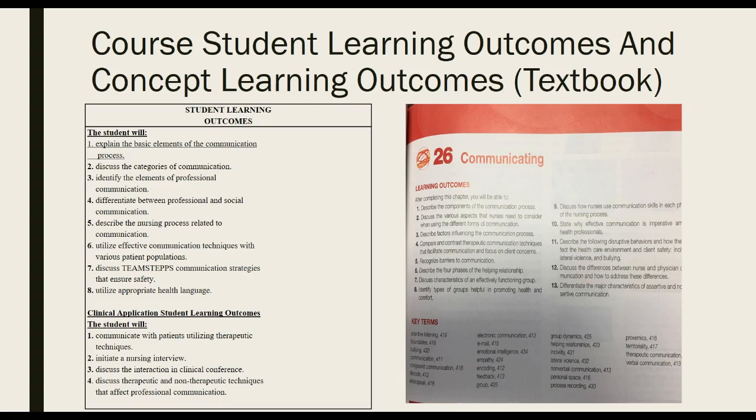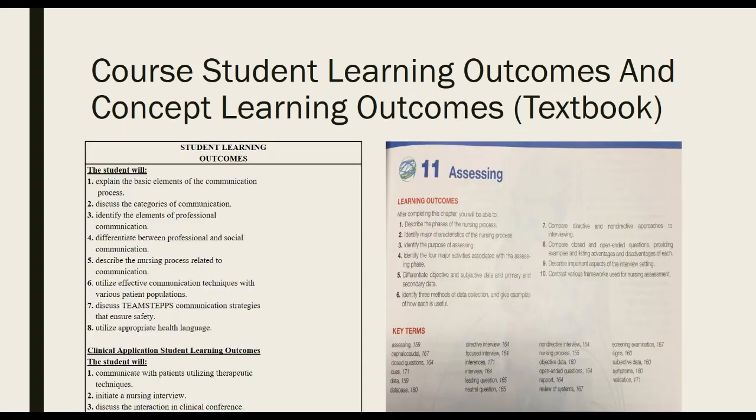In your required readings, it was talking about chapter 11, which says to be utilized assessing the types of questions. So you go to chapter 11, and you look at assessing in your chapter, and you'll see that it also has outcomes for you. It's not part of your learning outcomes, but it's asking you to start looking at the nursing process.